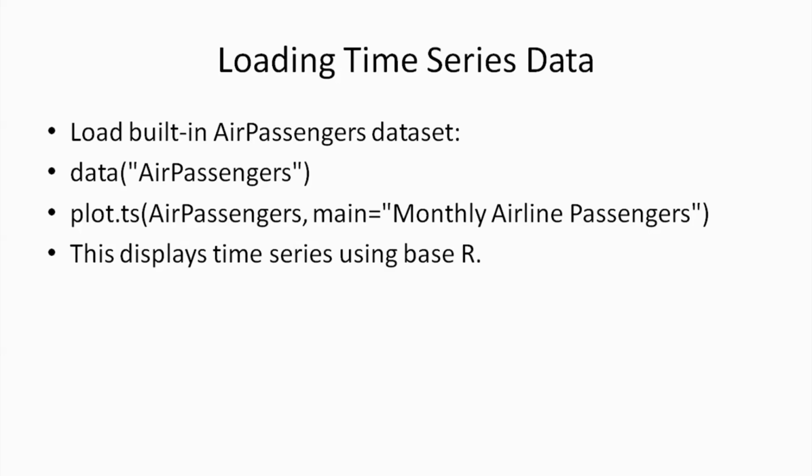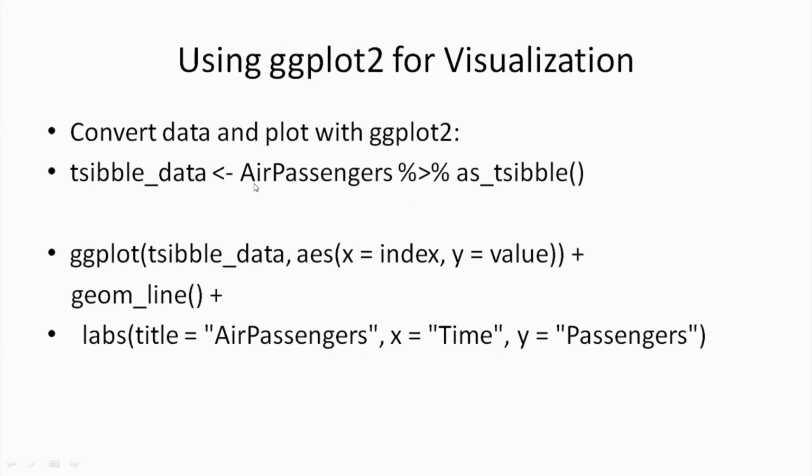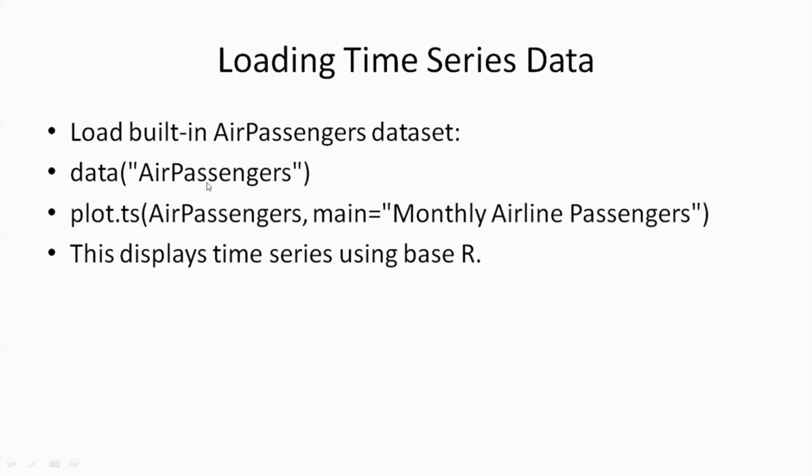time series analysis. So for that, we first have to load that data set, and for loading the data set, we can use data(AirPassengers). Okay, so this line, I am going to show you the whole code, but this is the syntax for loading the data set in the R script.